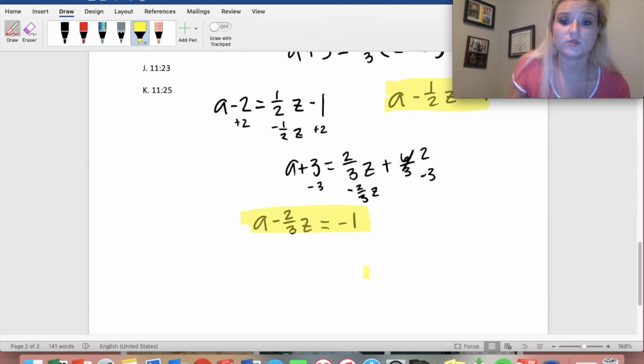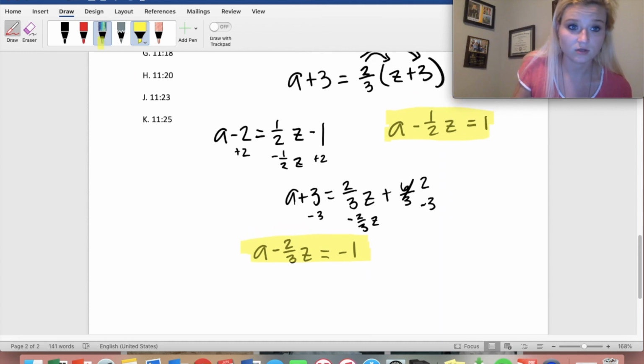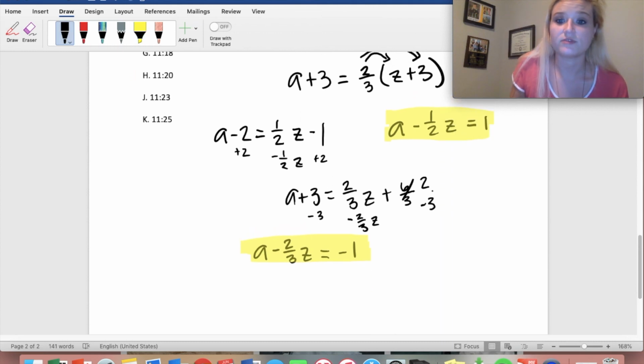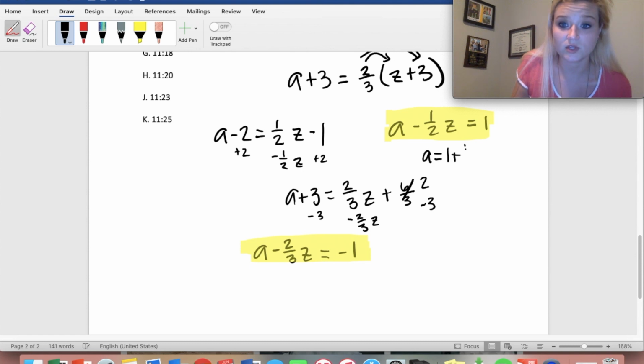Now we're going to use probably substitution. It's just a little easier with the fractions involved. So we can take either one of these equations and set them equal to a. So if we take this first one, that'll give us a equals 1 plus 1/2 z.